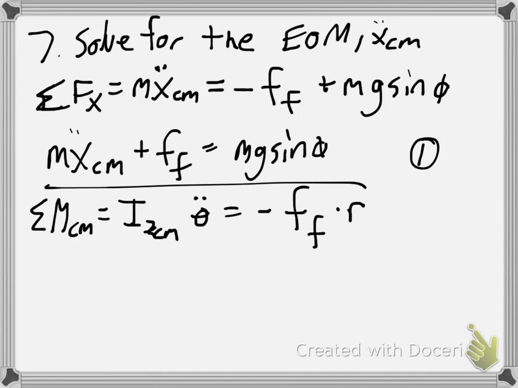So now what I want to do is again replace the theta double dot using my constraint equation, that theta double dot is minus x double dot of the center of mass divided by r.